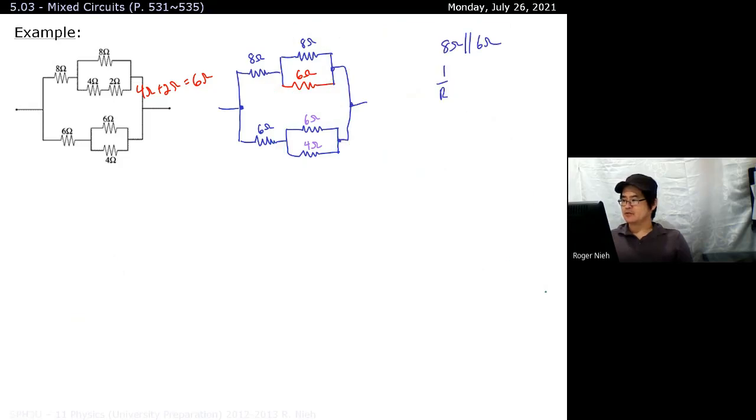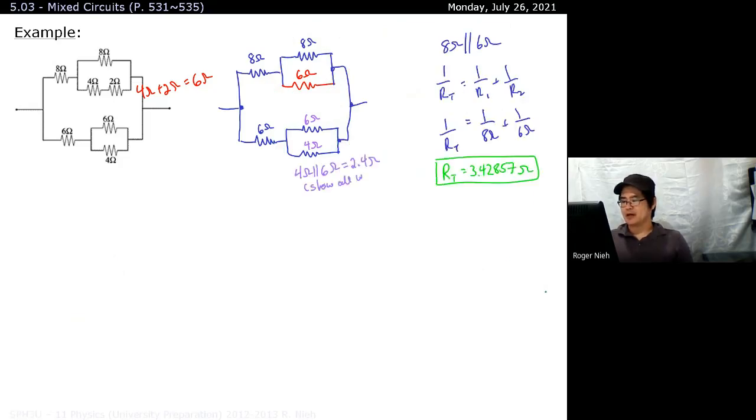Okay, most of this has already been animated out, so there's the animated answer. Now let's clean up this diagram here. Okay, since we have the 6 ohms and 8 ohms all represented by one resistor, and the 6 and 4 represented by yet another resistor, we'll just redraw the diagram again, all cleaned up.